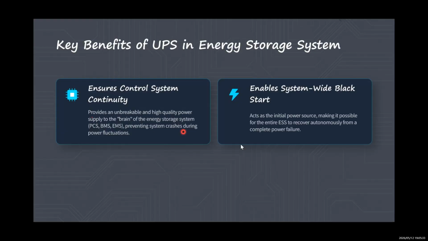And this UPS will support black start functions as the initial power source and make it possible for the entire energy storage system to recover automatically from a complete power failure.